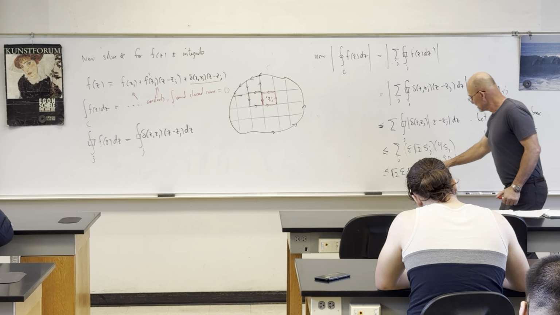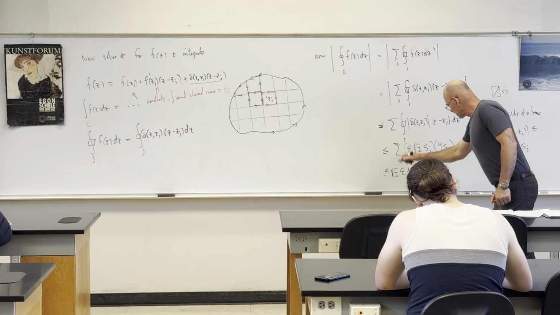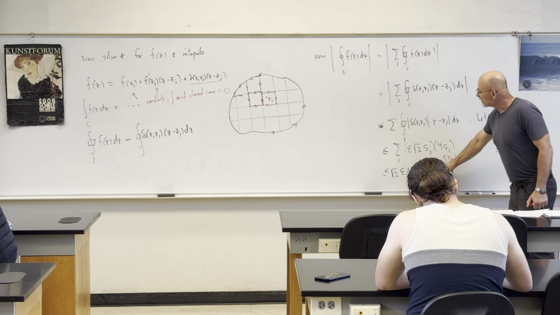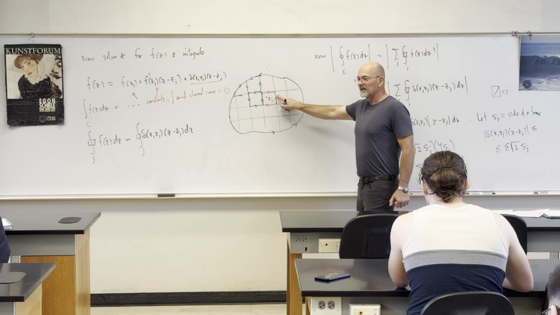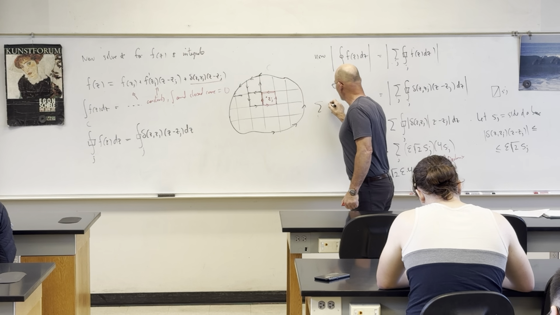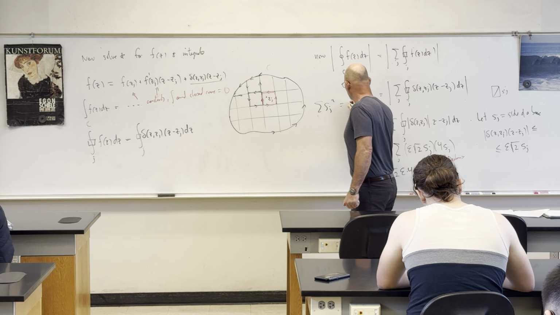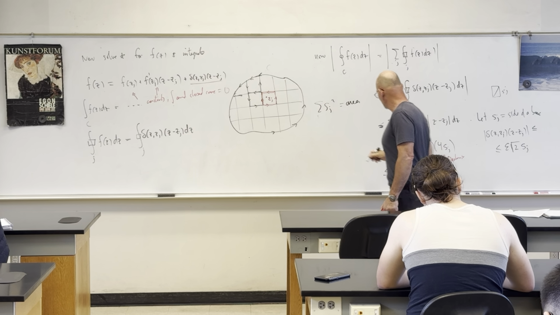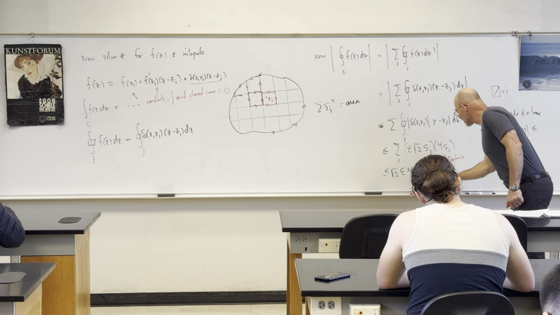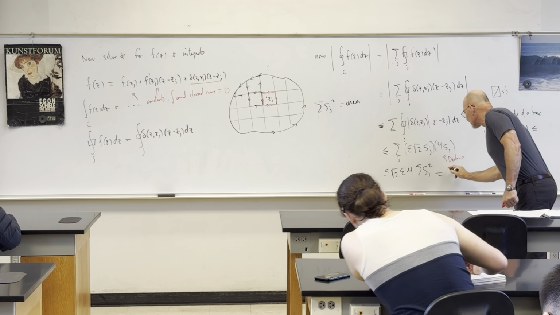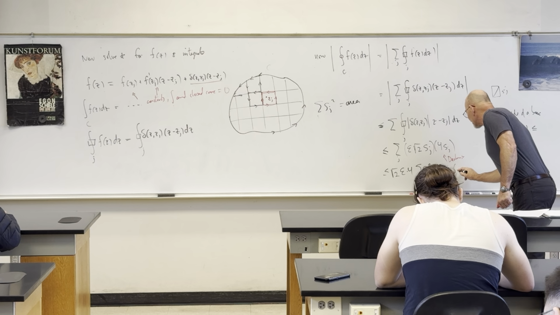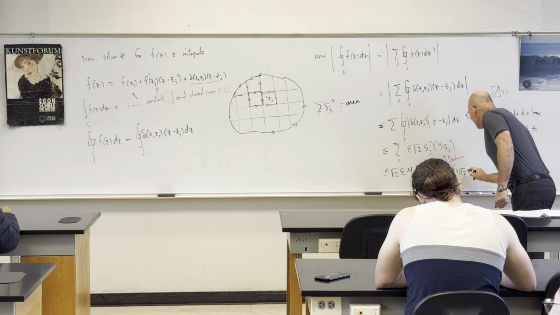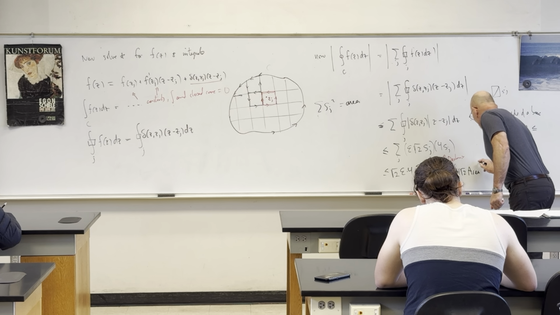Because 4 and root 2, who cares, right? What's the sum of s j squared? That's the area here, okay? So the sum of s j squared is the area. So this thing we've gotten here is epsilon times 4 root 2 times the area enclosed.